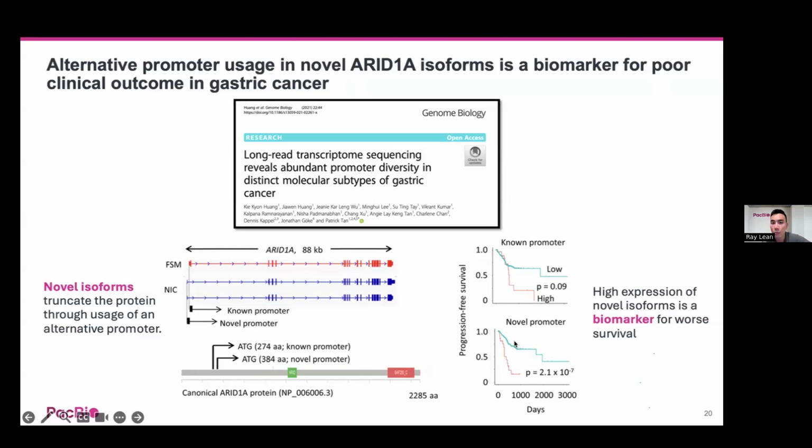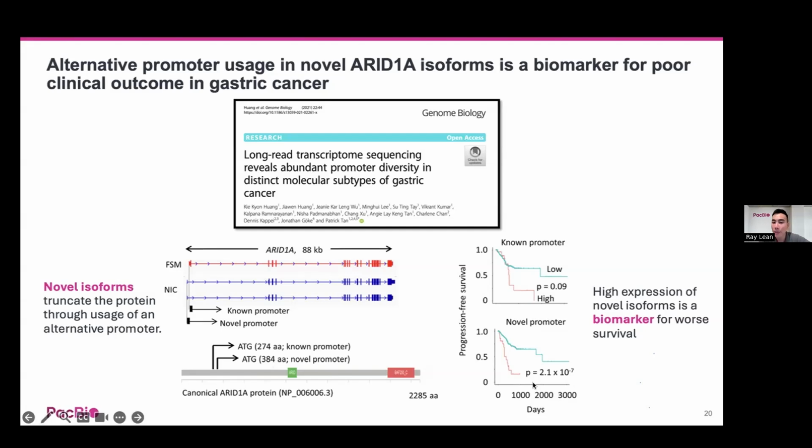So by being able to look at the different types of isoforms, we are able to identify this kind of biomarker that will help to predict, or tell, the prognosis for a particular patient.